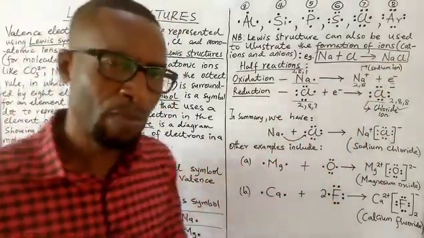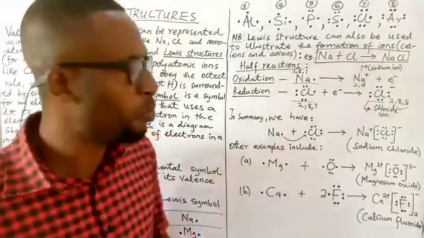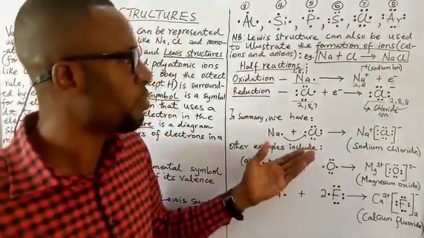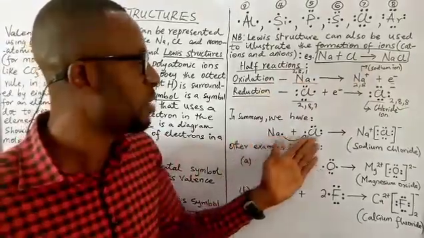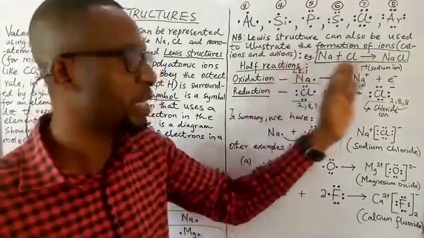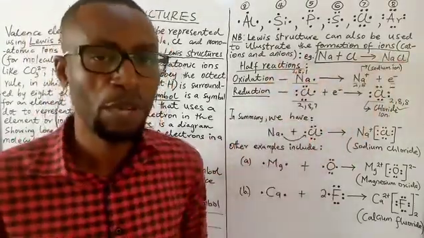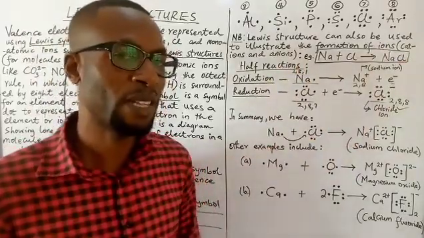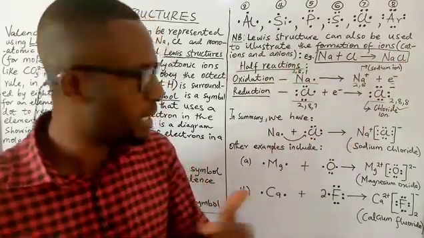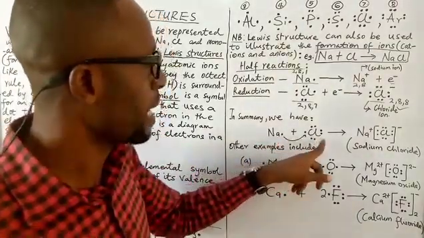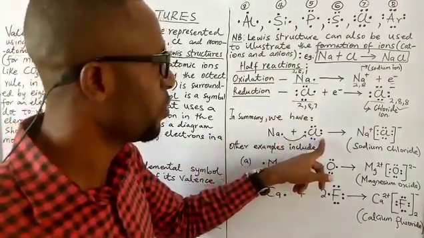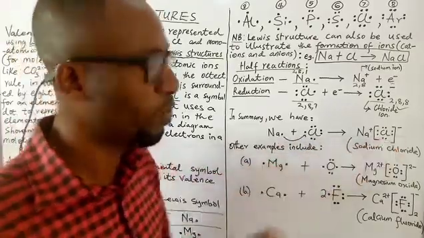In some exams, your examiner may wish to ask you a question where you should write a particular reaction using the Lewis structures instead of just the atomic or elemental symbol of the atoms or elements involved in that reaction. So in this case, you see the Lewis symbol of sodium, and how it reacts with the Lewis symbol of chlorine to make sodium chloride.